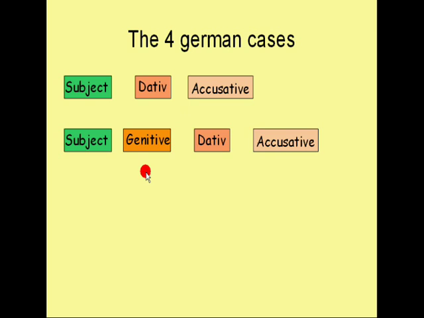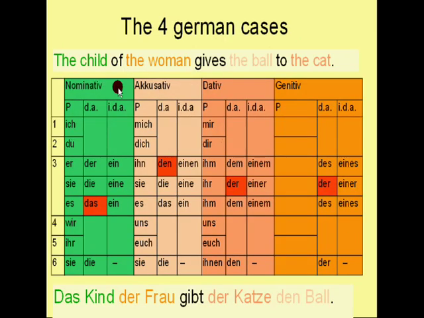Now let me show you how it is when the subject is the possessed one. Then we put the genitive case right after the subject, so it is between the subject and the dative case. For instance, the child of the woman gives the ball to the cat.